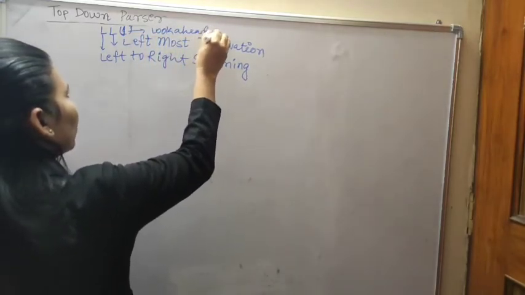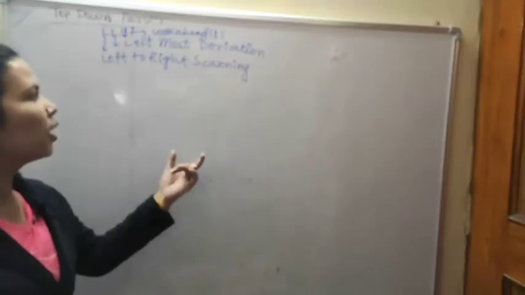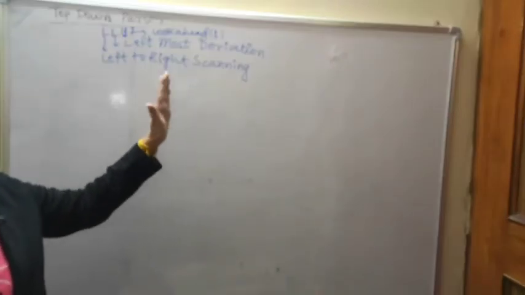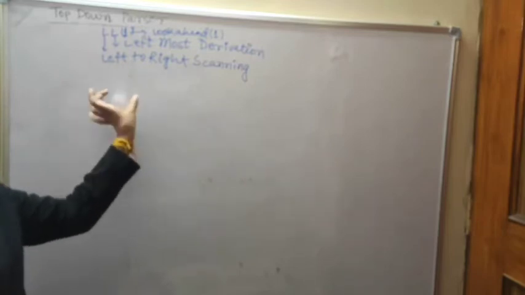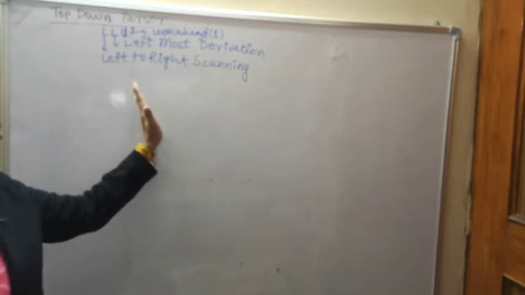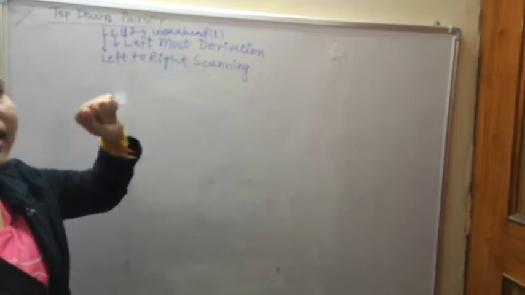Look ahead 1 means we are reading the input one character at a time, looking at the input one variable at a time. That is called look ahead 1.